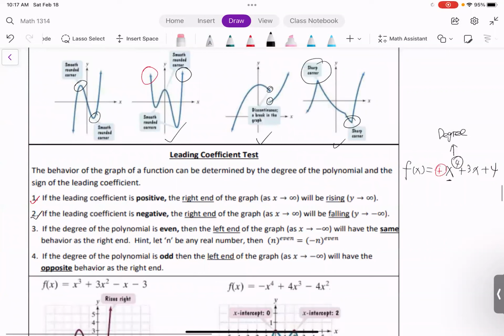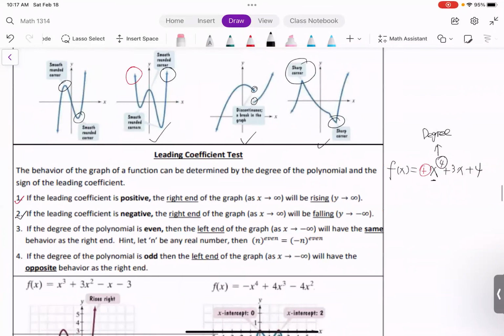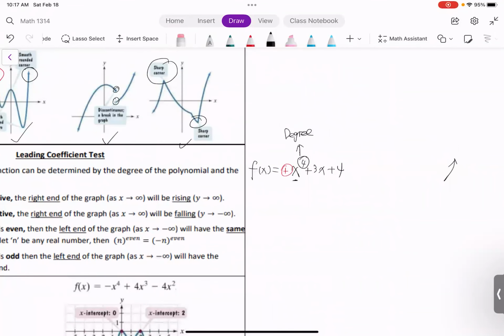Number 2, if the leading coefficient is negative, the right end of the graph will be falling. So let's create another function, f of x equals negative, for example, 20x to the cubed plus 2x minus 3. So we have a negative leading term. The right end is going down.